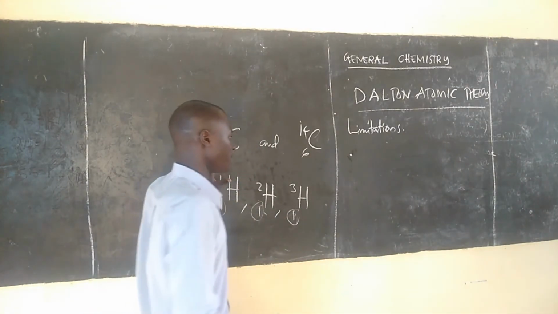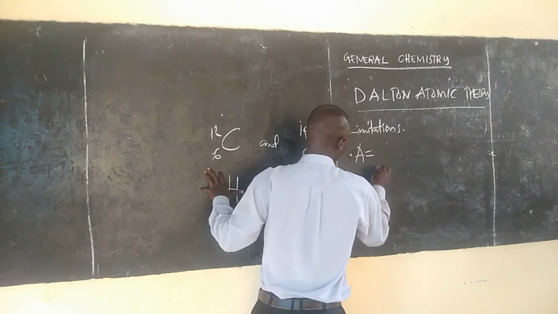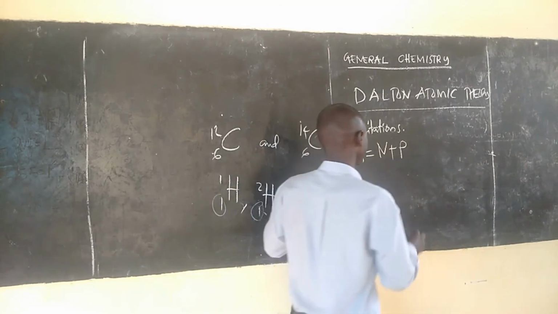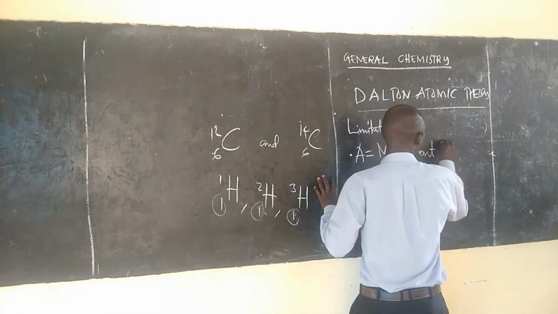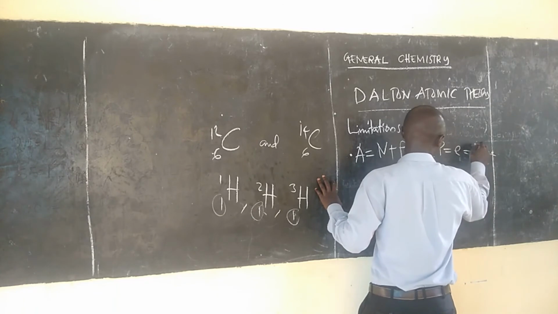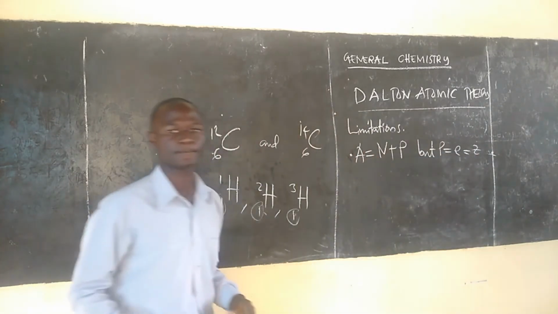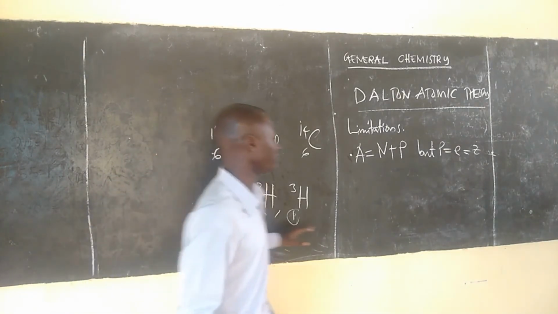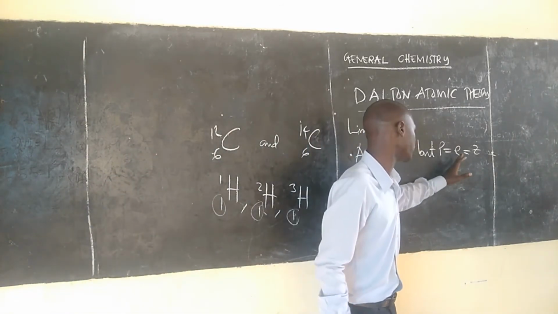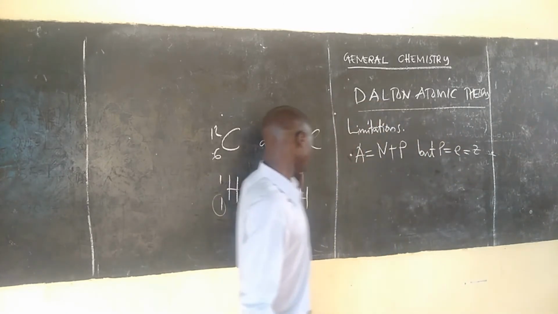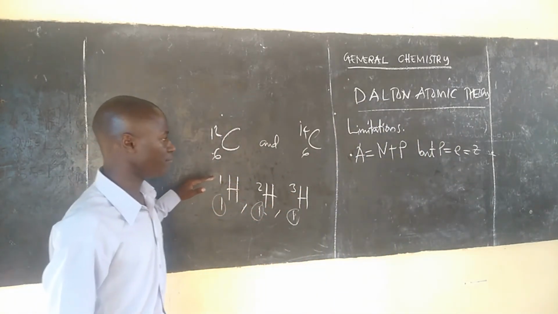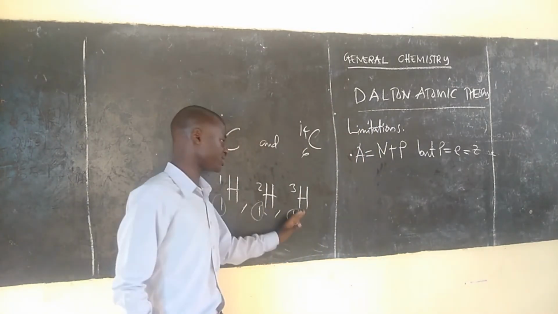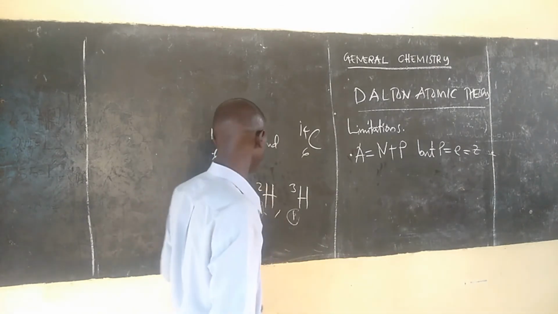It is because mass number A is equal to number of neutrons plus number of protons, and the number of protons is also the number of electrons and is equal to atomic number Z. So similarity in atomic number means we have the same number of protons and the same number of electrons, and the difference in mass number means we have a different number of neutrons. So from here to here to here, the number of electrons is the same, but the number of neutrons is different.